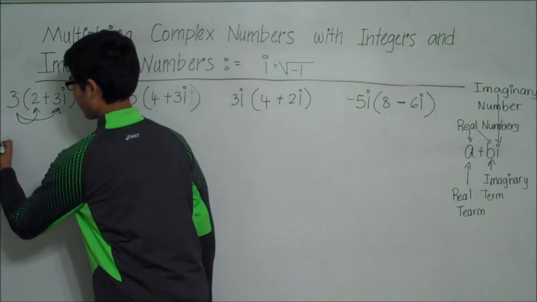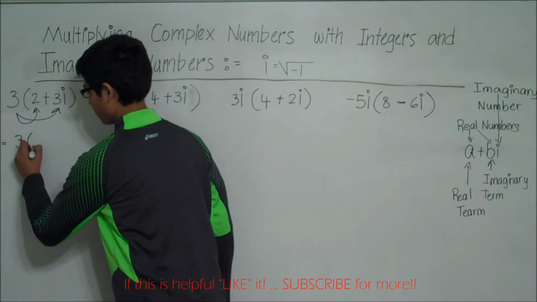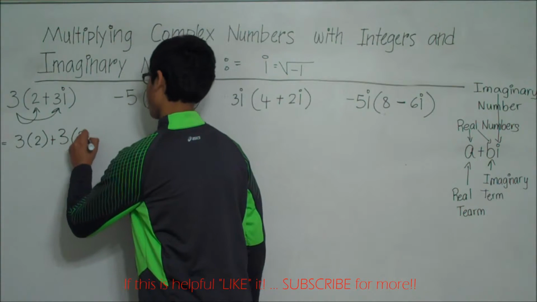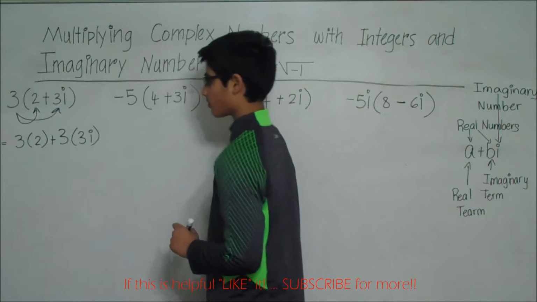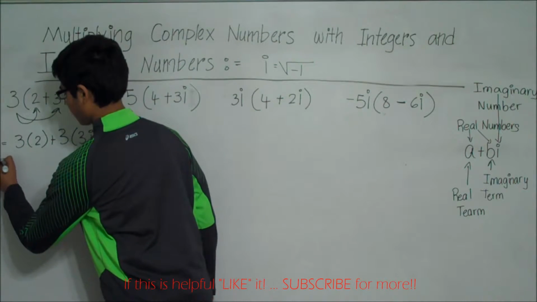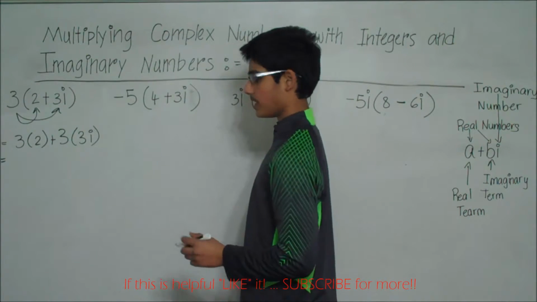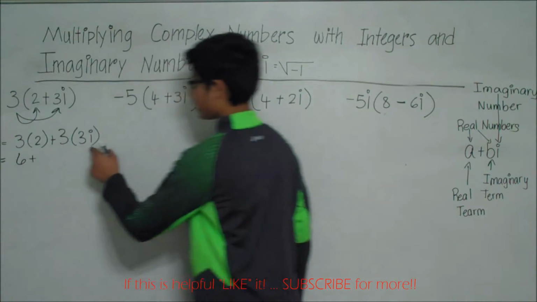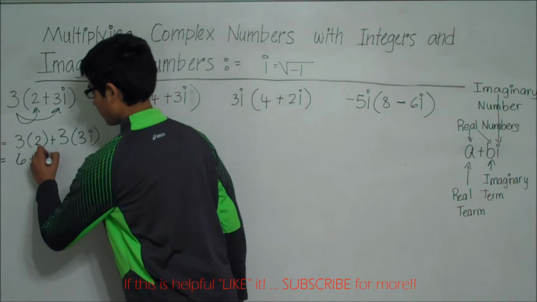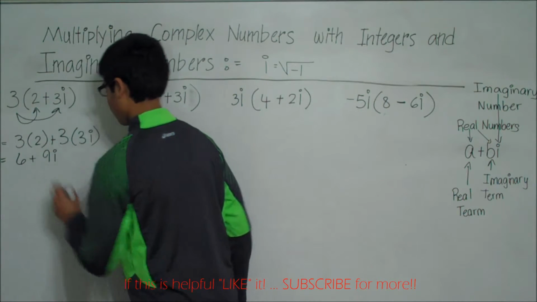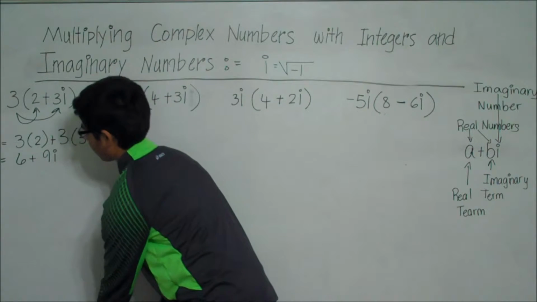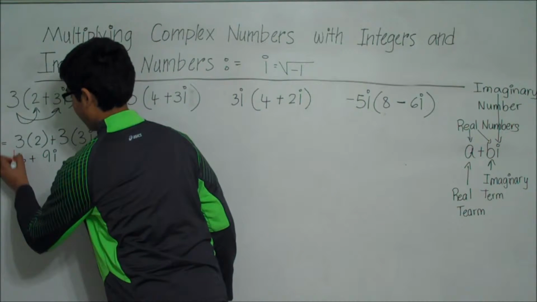So it is equal to 3 times 2 plus 3 times 3i. So this is equal to 3 times 2 is 6 plus 3 times 3i is 9i. So the answer to this first question is 6 plus 9i.